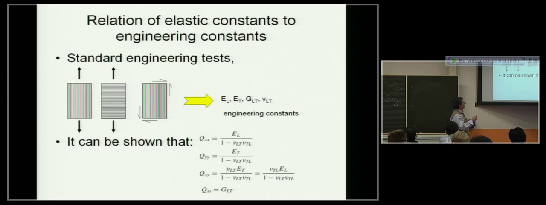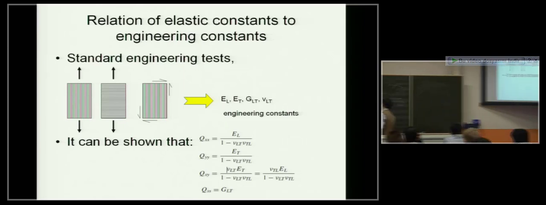Also, from this test here, when I apply a tension load in one direction, I can measure with a transverse strain gauge the contraction, or how much it strains perpendicular to the loading, from which I can back calculate my Poisson's ratio.